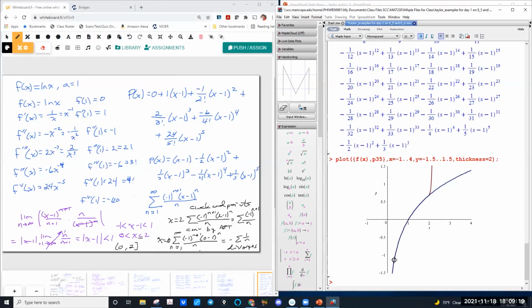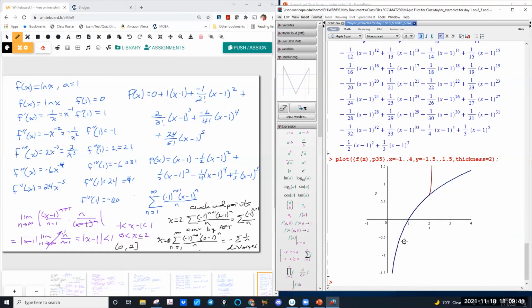Now we saw with sine of x, it converged everywhere. But here, this is the case where we have a finite interval. This is the kind of stuff you see. Wow, it's a really good match, and then all of a sudden you get to a point where, whoa, they diverge.